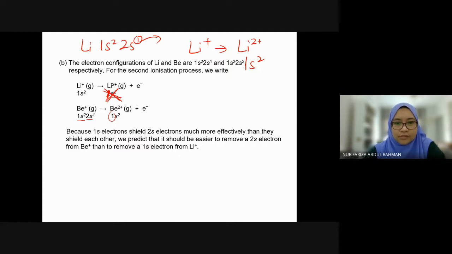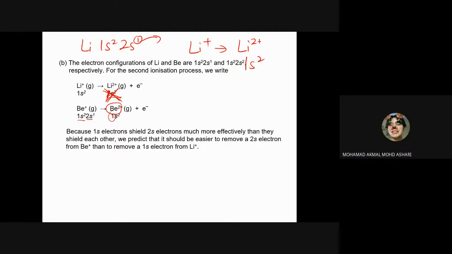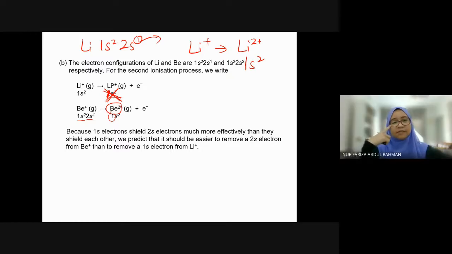Because one shield more effectively than they shield each other, we predict that it should be easier to remove. Okay, shield. Maksudnya dia banyak elektron lah. So beryllium 2 plus has more electron than lithium 2 plus. Okay. Madam, yang ni dia tak emphasize pun pasal inner electron. Tak, dia memang tak emphasize.